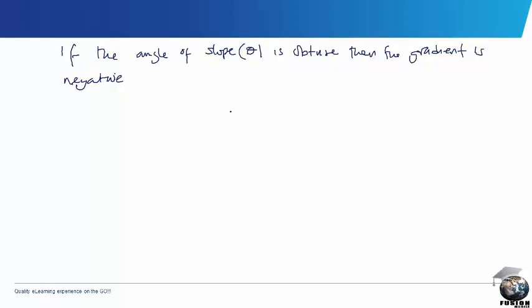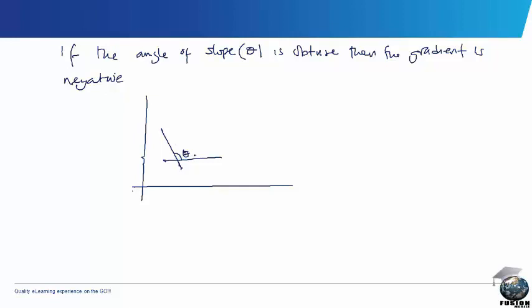For instance, if we have a curve in this form and you take a line at this point, the angle it subtends here is greater than 90 degrees.